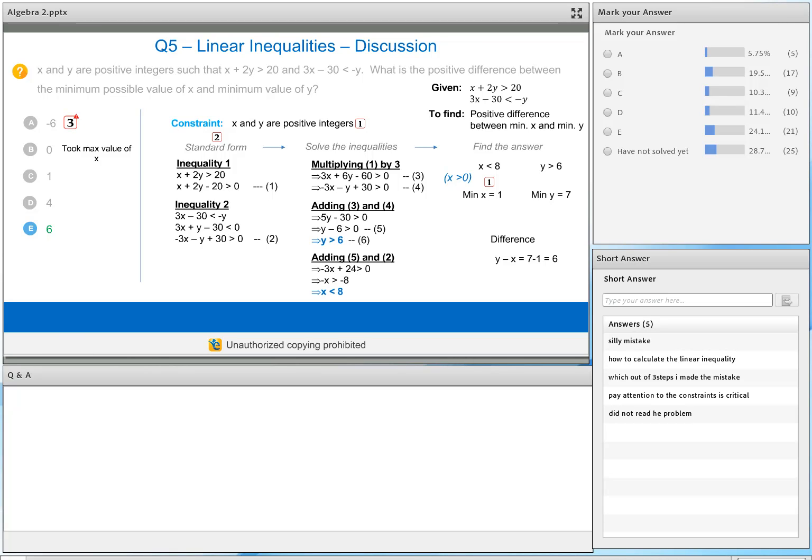Okay. If you simply write this as I made a mistake in a question in linear inequalities, that is a very, very broad aspect. You don't know which step you faltered on. For example, if you faltered on step number 2 over here where you got the answer, but you had to translate that into applying the constraints, then even if you write linear inequality, that's not going to give you any specific information, because what you missed out on was that you weren't able to identify the constraint.